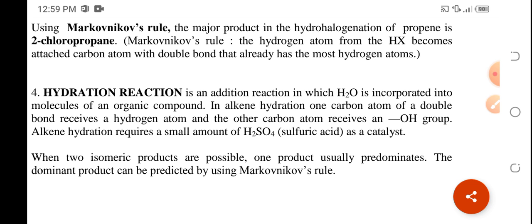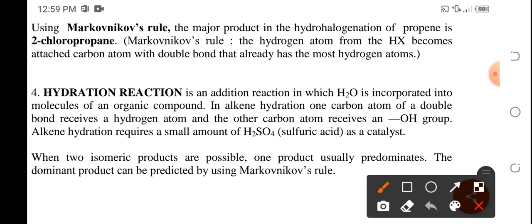Now the last reaction would be hydration. Hydration is just the reaction with water, but we all know that hydrocarbons, particularly alkenes, are not soluble in water, so we need a catalyst in the form of sulfuric acid. The water will still be added, so HOH ang magiging form.